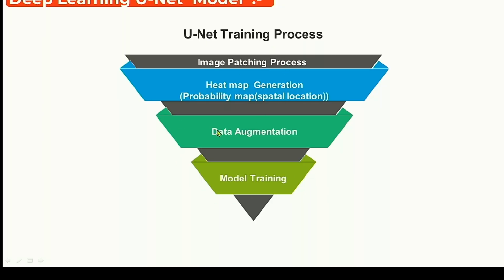After that, now we come back to the models and return to our supervised model. The first model, UNet: we already did the batch process and divided the image into batches. Then we use the heat map to generate a probability map, using a spatial location to select the peak of each centroid cell, to make the detection easier.